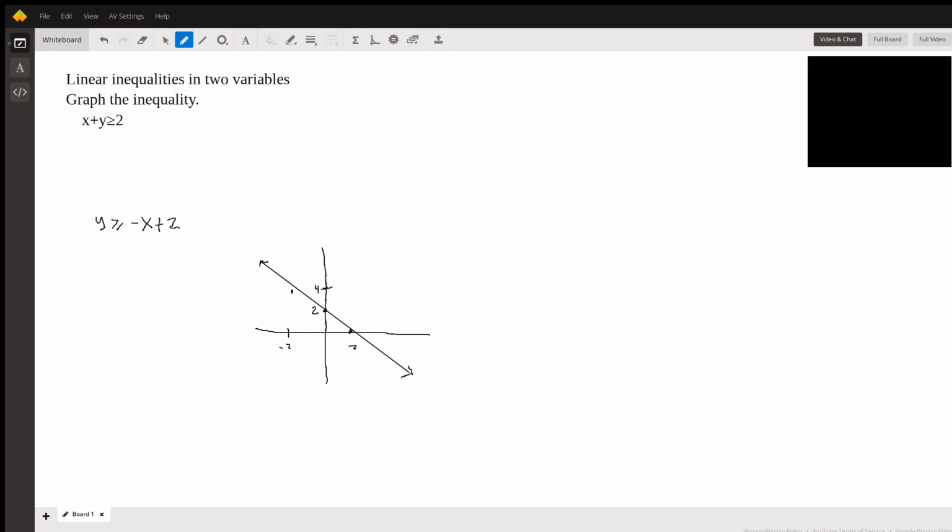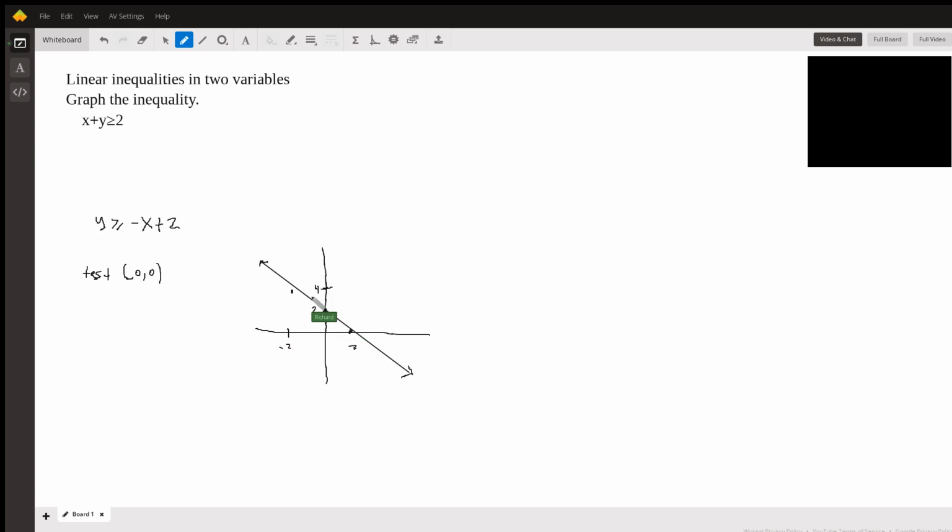Now the only thing we have to do is figure out whether the shaded region, the solution region, lies above the line or below the line. My favorite thing to do is to test a point, and the most convenient point to test is 0, 0. In my opinion, this is always a good choice. Now, if the line goes through the origin, you cannot use 0, 0.